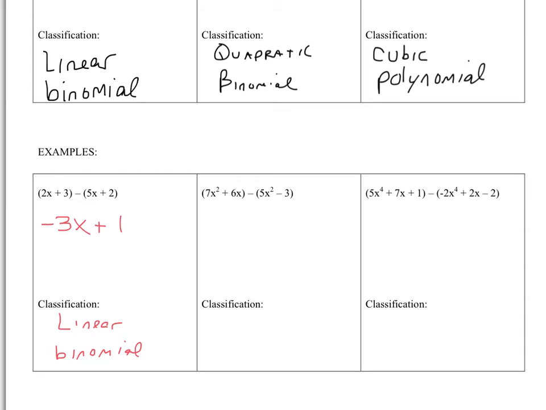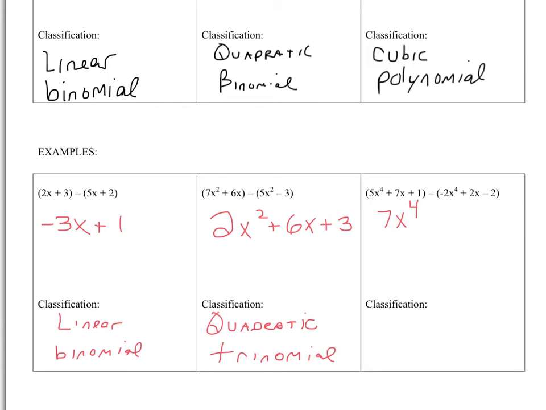7x squared minus 5x squared is 2x squared. 6x minus a negative 3 is 6x plus 3. So this ends up being a quadratic trinomial. Third one here, I got some x to the fourth, so subtracting 5x to the fourth minus a negative 2x to the fourth is 7x to the fourth.